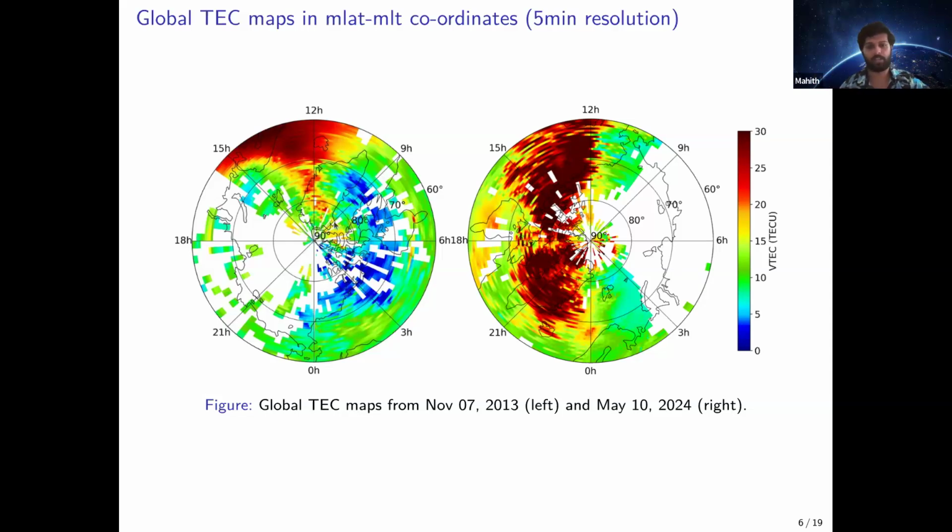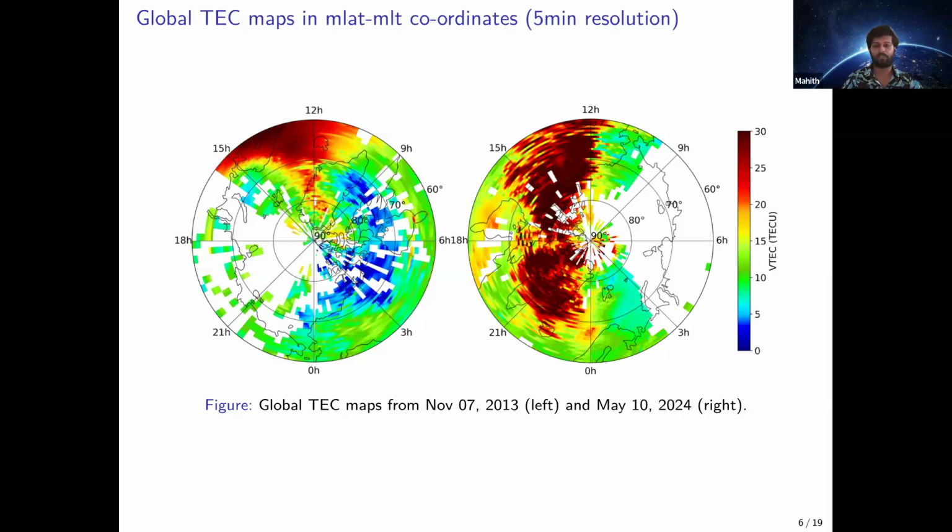So I was just concentrating on my study that I did on the northern high latitudes. I hope you are all aware of the magnetic latitude and magnetic local time coordinates. If you are not, it's simply coordinates just like the geographic latitude and longitude on the Earth.